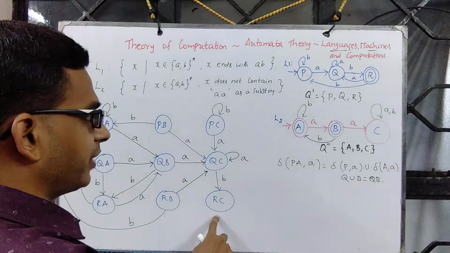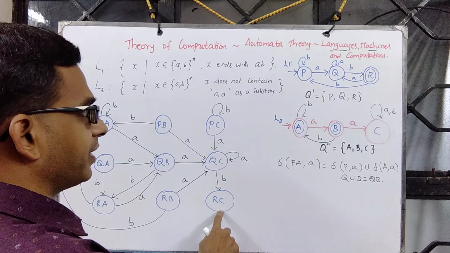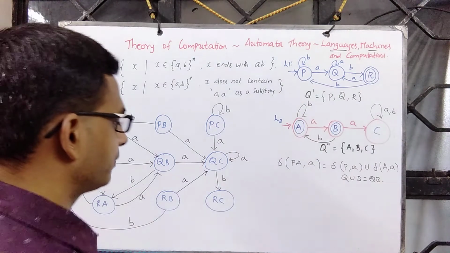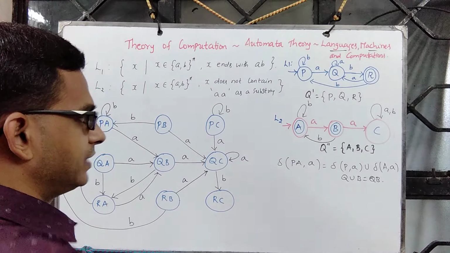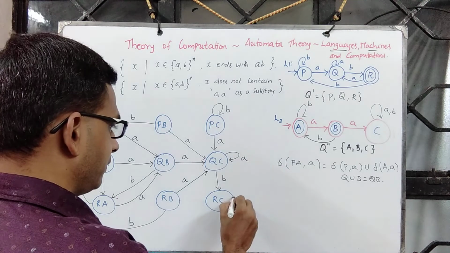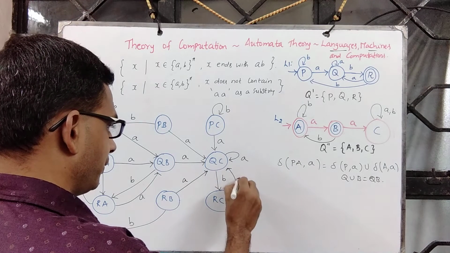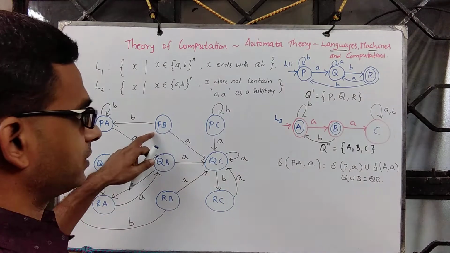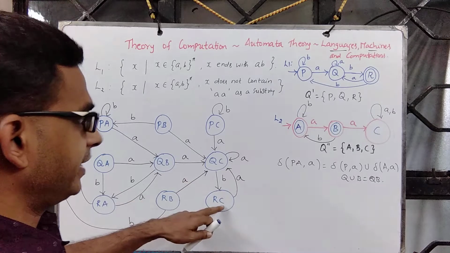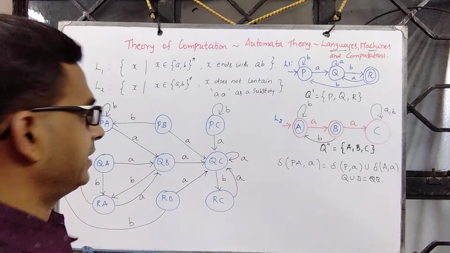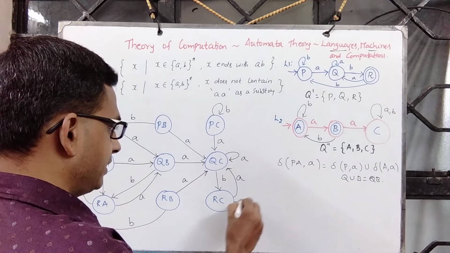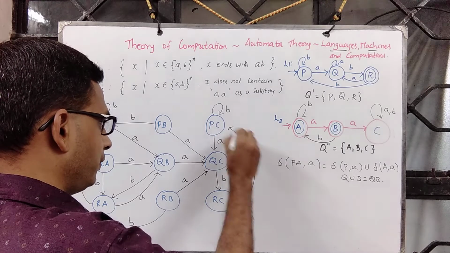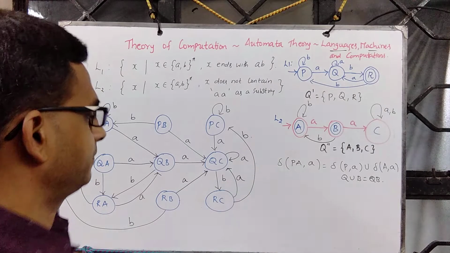Now with respect to RC, R comma A is Q and C comma A is C itself, so we go to QC. R comma B is P and C comma B is C itself, which means when we read a B, we go to PC.